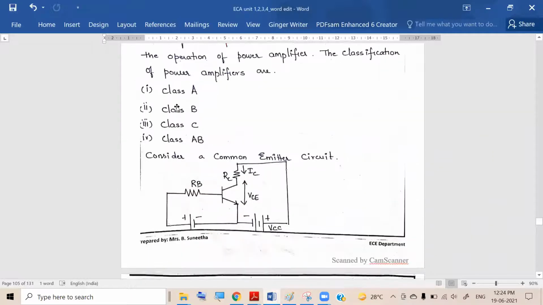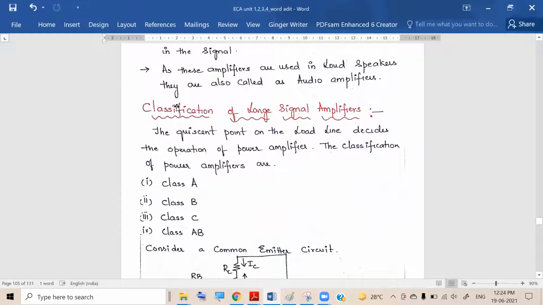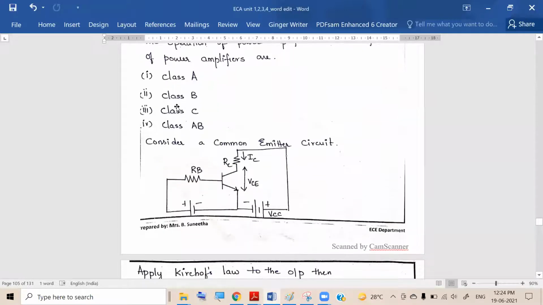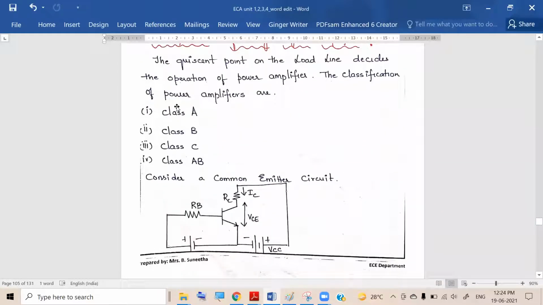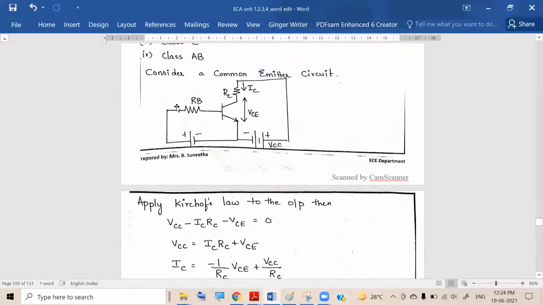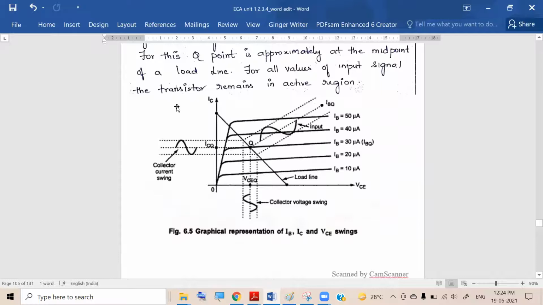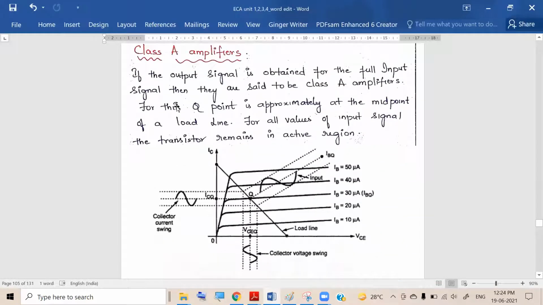So in the previous class, we started discussing the classification of large signal amplifiers. Under that, the first one is class A power amplifier. What do you mean by class A power amplifier?